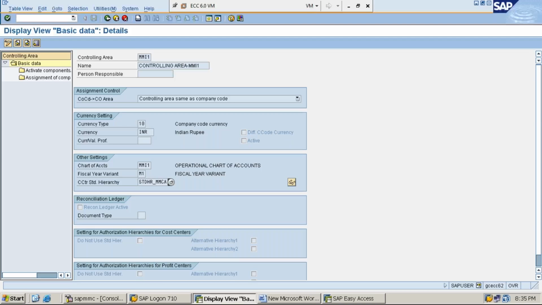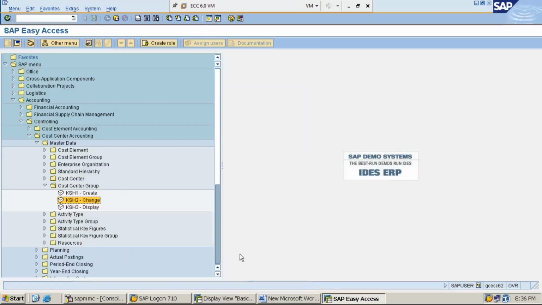Point is clear? Yes. Okay, so this is the reason I'm going in change mode. So double click on KSH2 change. Write down very carefully, Manisha. It will take time because we are doing it for the first time.